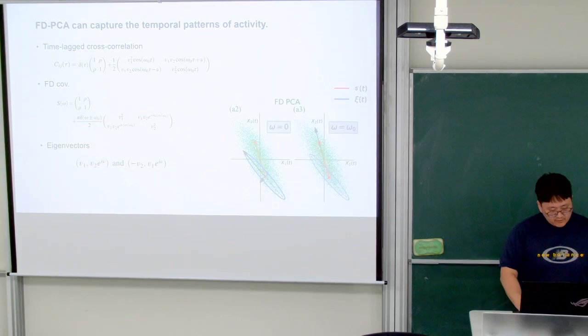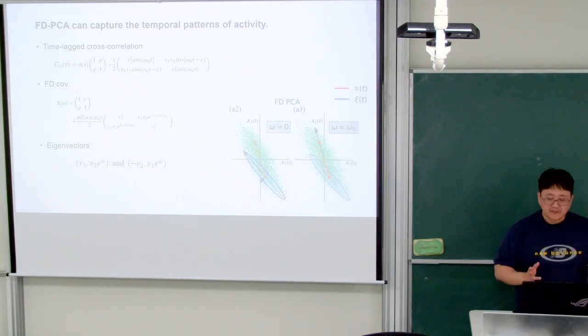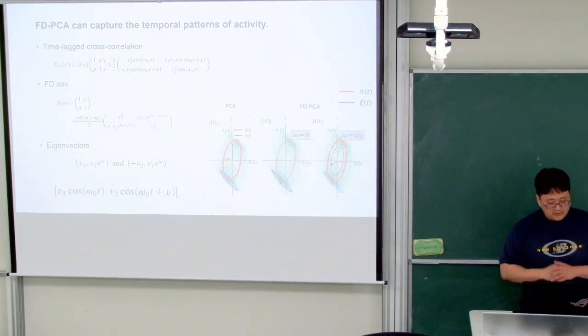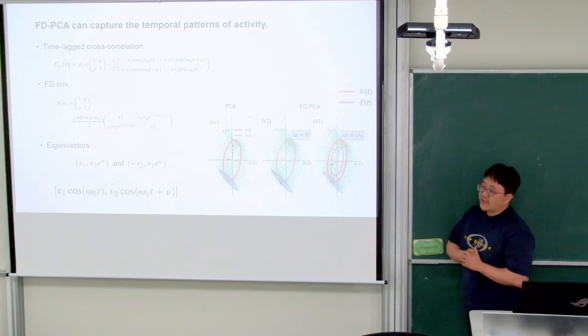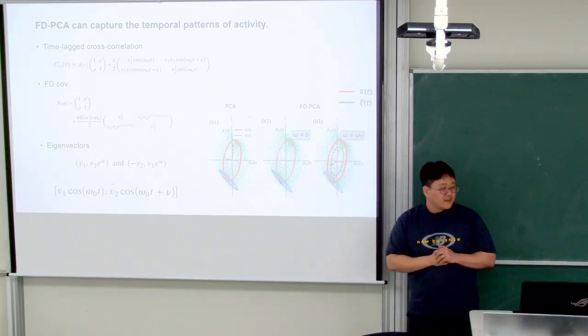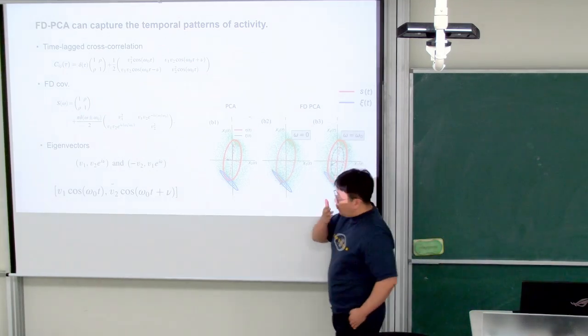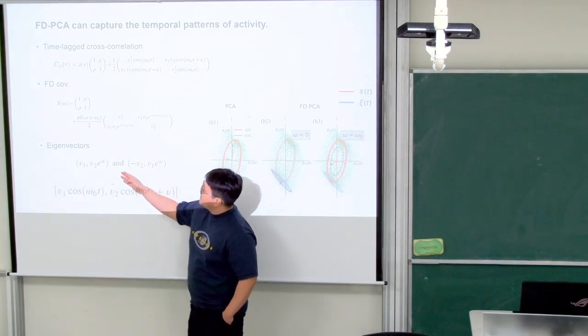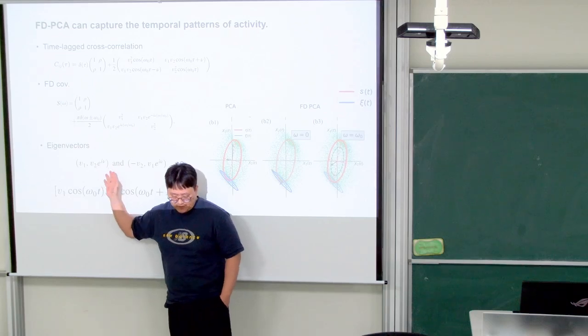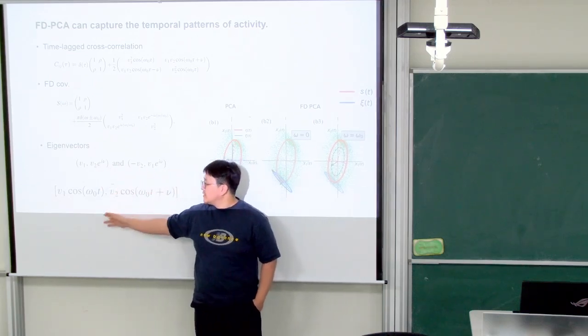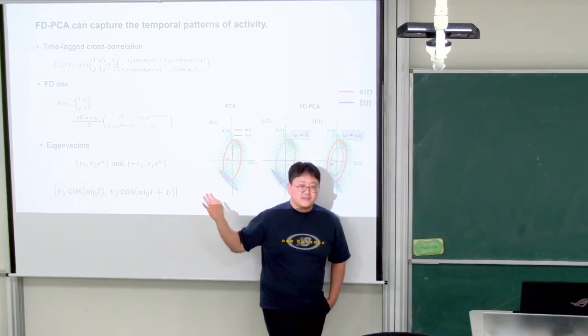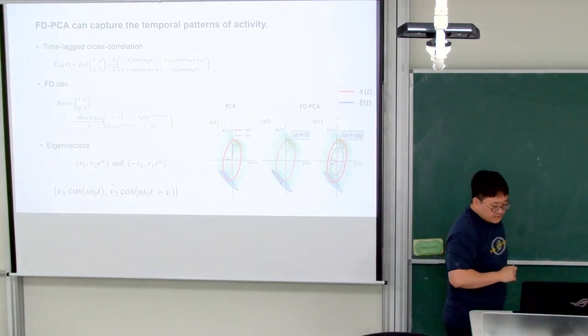Okay. So now we can get many covariance matrices varying the omega. So what if mu is not 0? Then we can change this complex eigenvector to the real eigenvector.